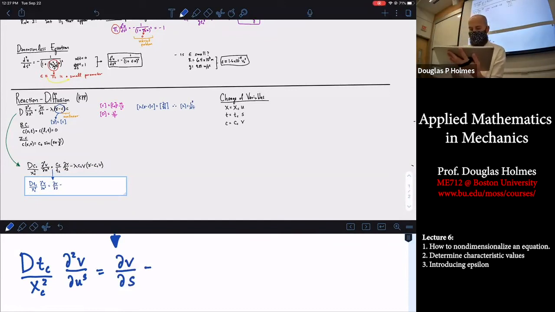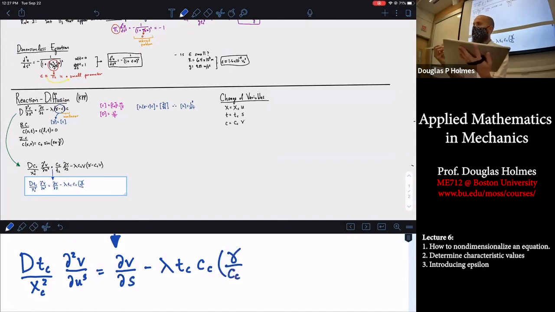And then just following through with what I did for diffusion, I get something like lambda times Tc, Cc, gamma over Cc. Now gamma we said was concentration, so dividing it by the characteristic concentration makes sense. Actually, hold on, move this over.